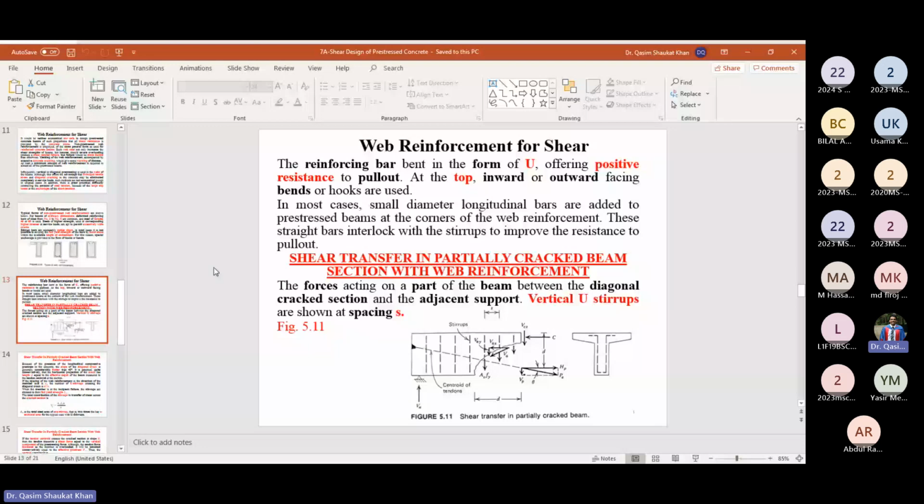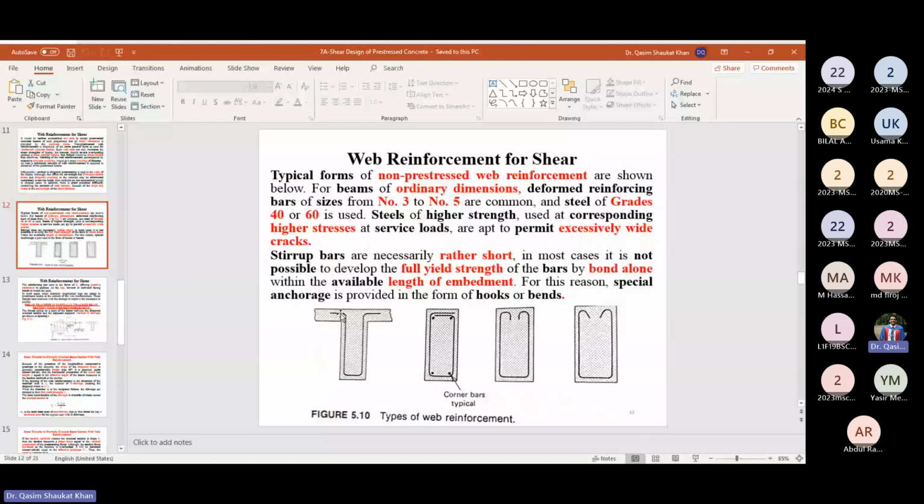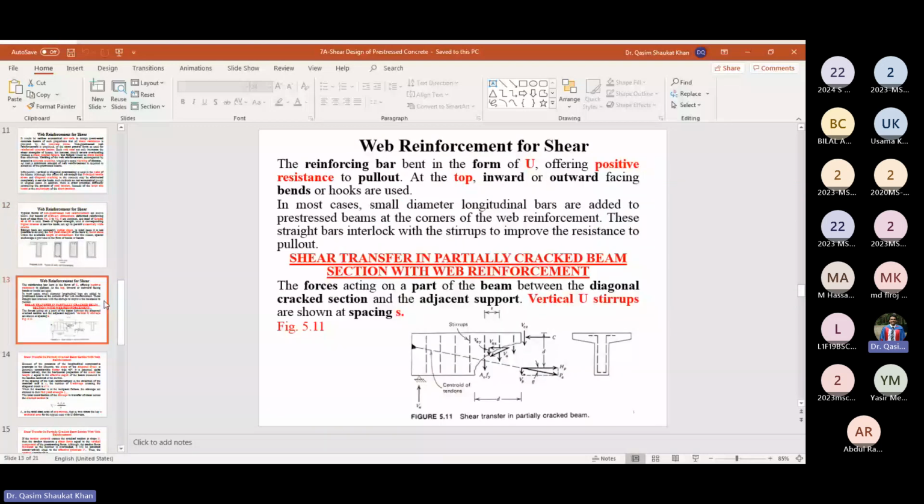These straight bars interlock with the stirrups to improve the resistance against the pull out. So we can provide longitudinal bars like this, and they will crisscross with the stirrups.